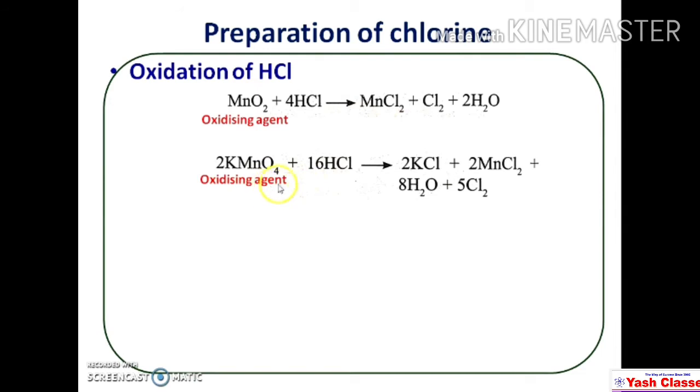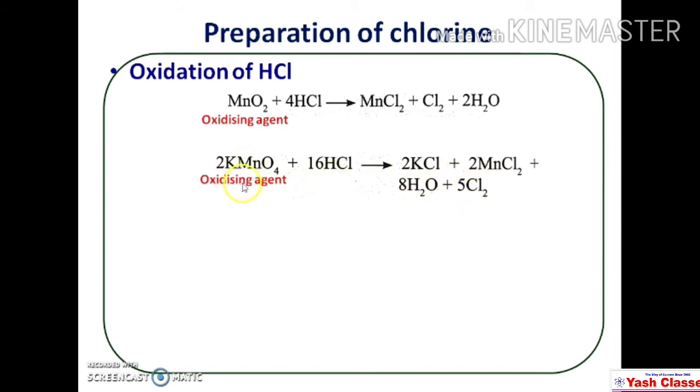Similarly, potassium permanganate is also another oxidizing agent. When it is added in hydrochloric acid, there is a evolution of chlorine gas. So here again HCl gets oxidized into Cl2, and additionally there is a formation of other byproducts, that is KCl, MnCl2 and H2O.